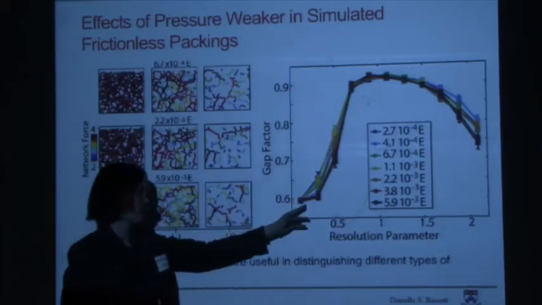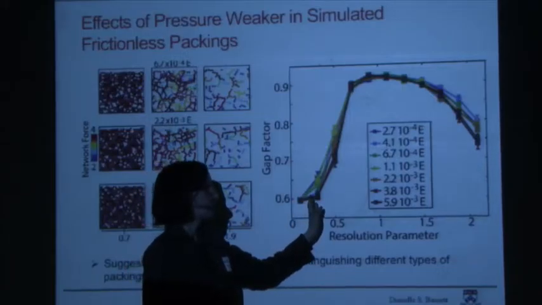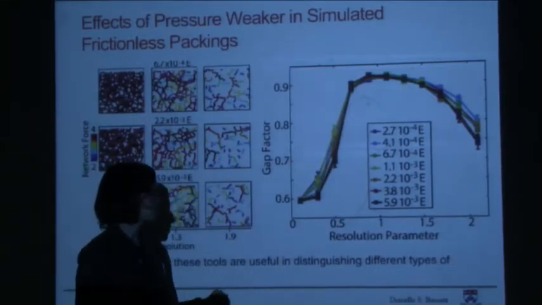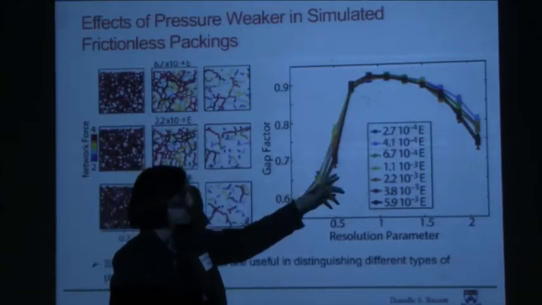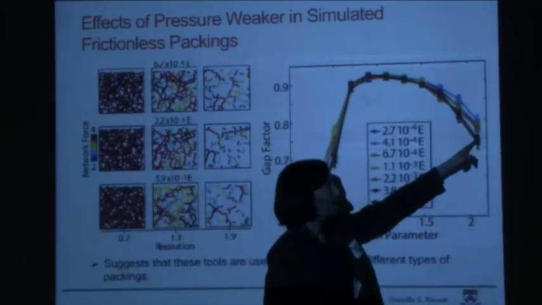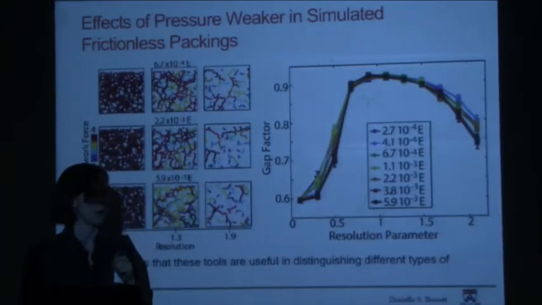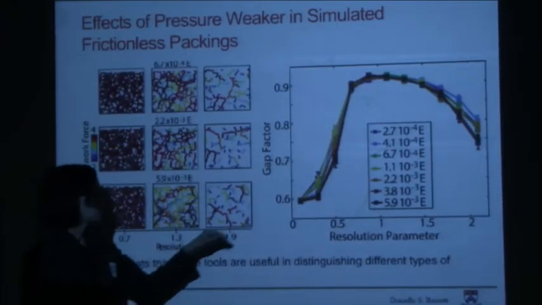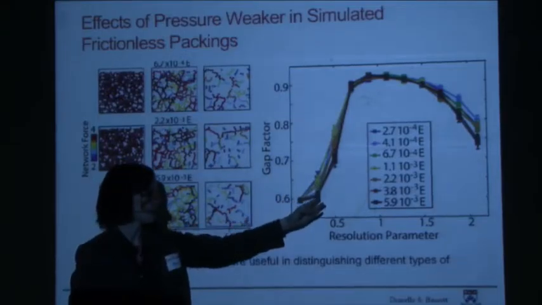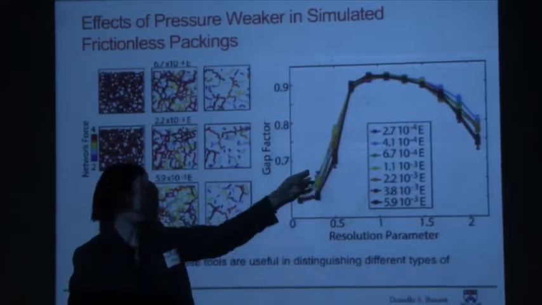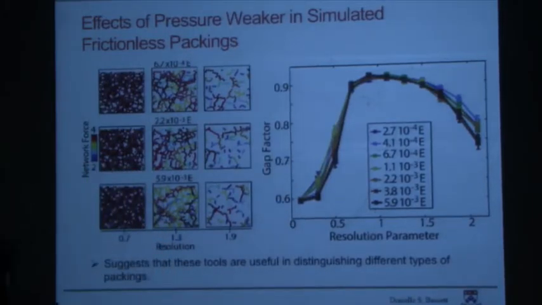That's replicated over here in the gap factor curves, where they lie on top of each other to a large degree. There is some variation on the tails, and the variation on the tails is in the same direction as it was in the laboratory packings, which again suggests that you do get more homogeneity, more blob-like structure in the high pressure situations than in the low pressure situations, consistent with your intuition.